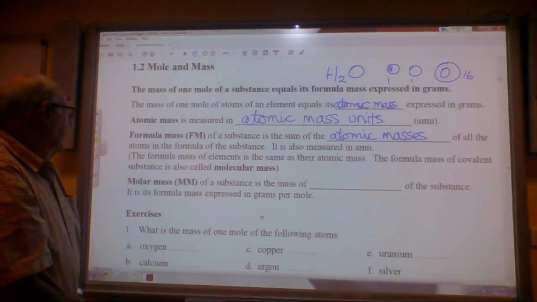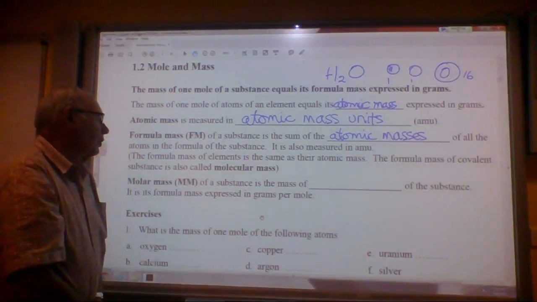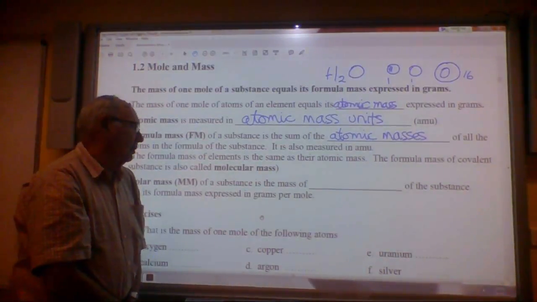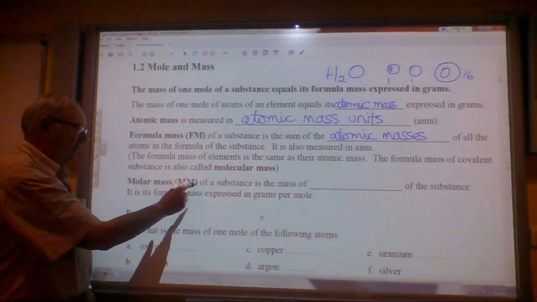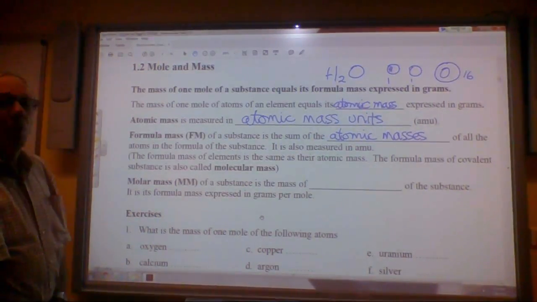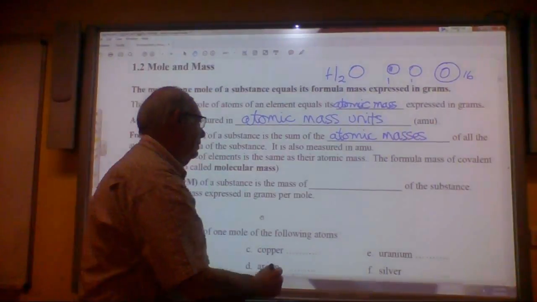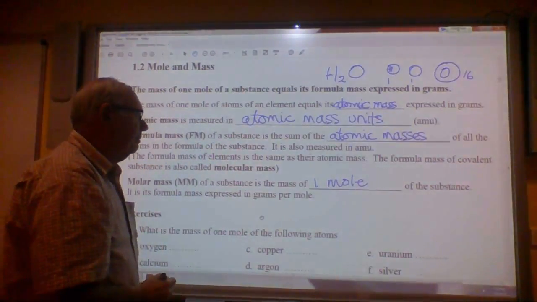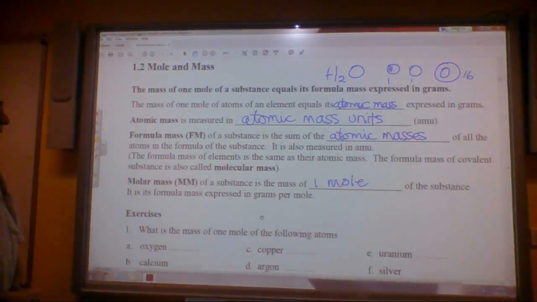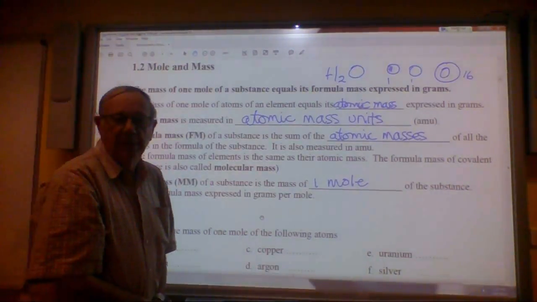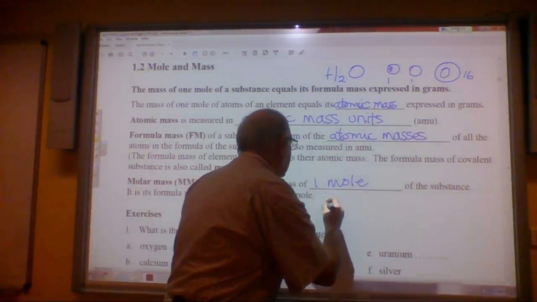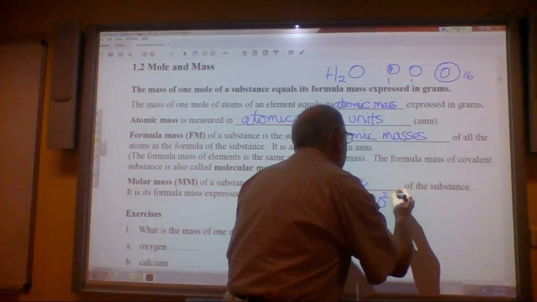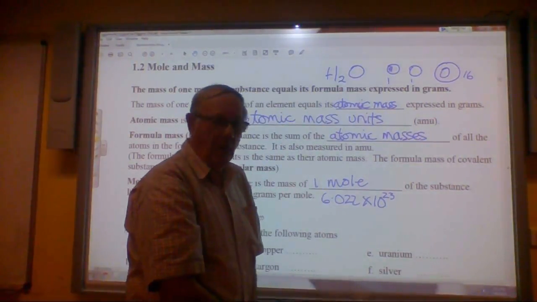The formula mass of a covalent substance is also called its molecular mass. So it's a mass of the molecule. The molar mass of a substance is a mass of 1 mole of the substance. Or, if you like, 6.02 by 10 to the 23 atoms of the substance.